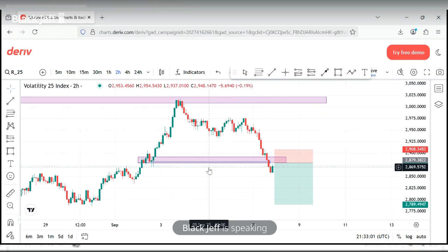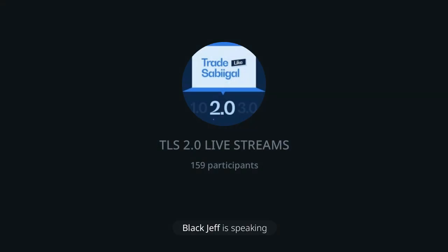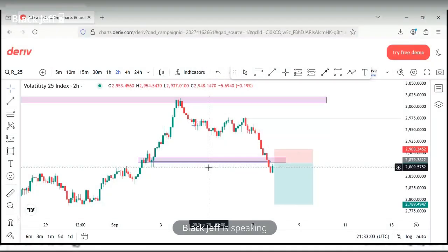What I will tell you guys right now is the time frame to use for key levels. Based on research, the best time frame to use on key level, please pay attention.